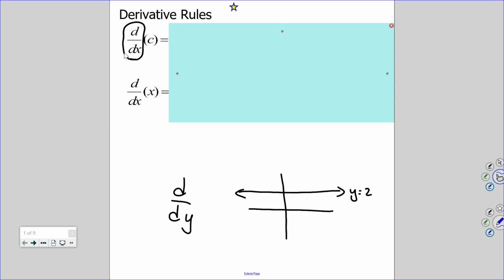This particular function, if you think about the slope of the tangent line at any point, the slope would be 0, no matter which point I take on this line. So anytime that you take a derivative of a constant function, so if I did the derivative of 5, I would end up with 0 as my derivative.